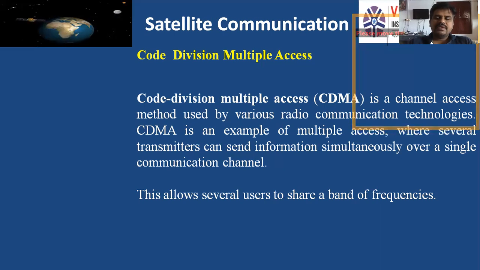So here, when a transmitter is sending the information, he will send the data along with a code, along with a spreading code. The receiver who knows the code will be accessing the data transmitted by the transmitter.